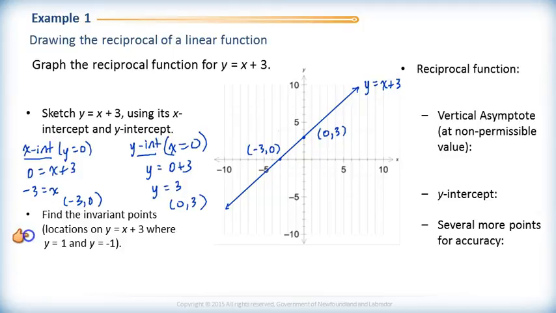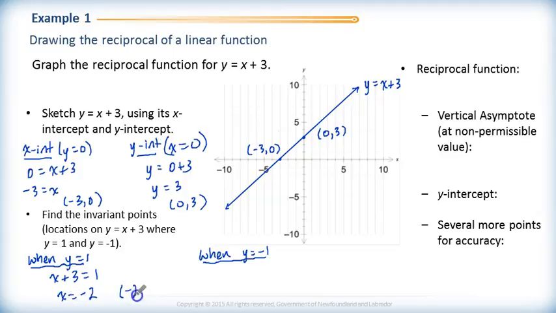Next, we find the invariant points where y is 1 and y is negative 1. So when y is 1, we make x plus 3 equal to 1. Therefore, we get x equals negative 2. That means we have an invariant point at negative 2 for the x and 1 for the y. Now, when y is negative 1, we set x plus 3 equal to negative 1. That gives us x equals negative 4. So we have a point at negative 4 and negative 1.